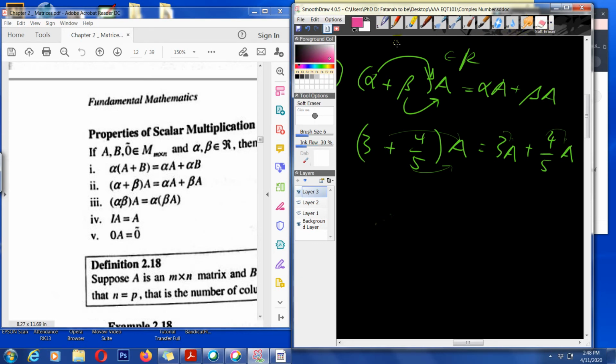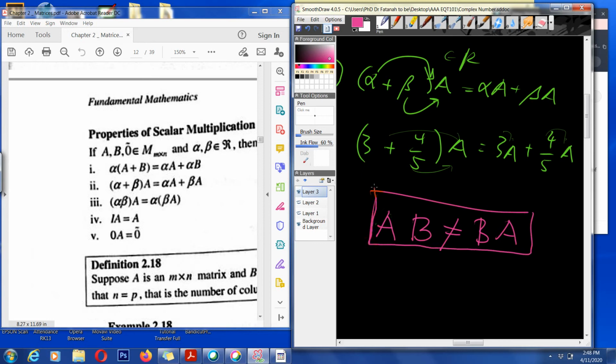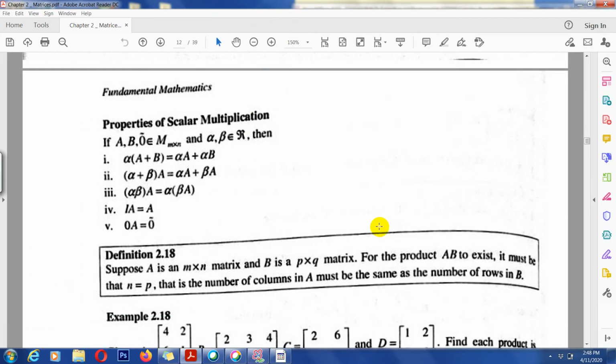The main idea for multiplication: if we have a matrix A and another matrix B, then AB is not equal to BA. This is the most important property you need to remember, because it relates to the position of every entry in the matrix. We will see later.